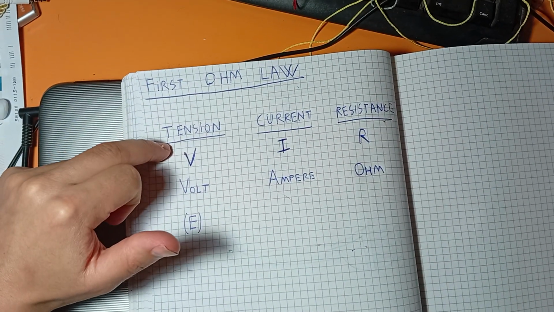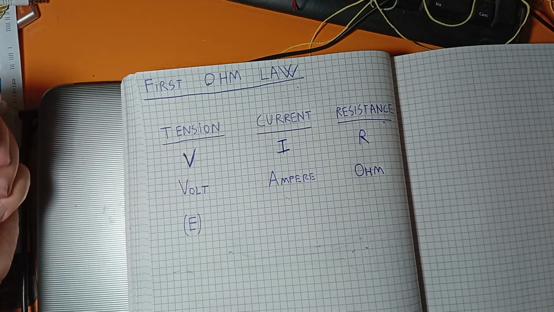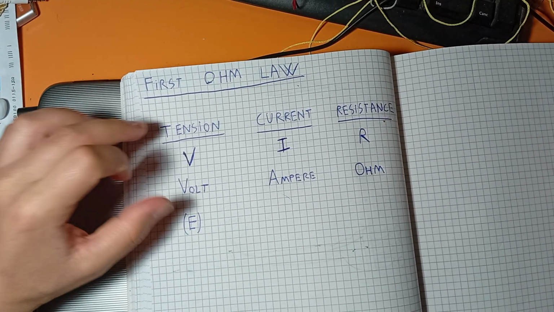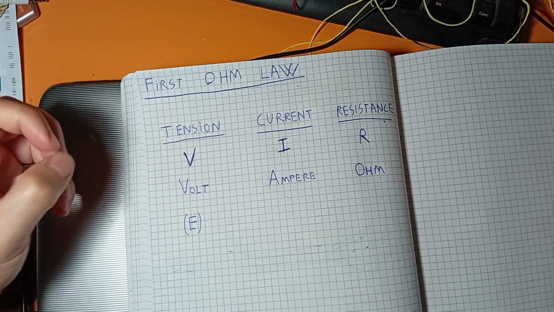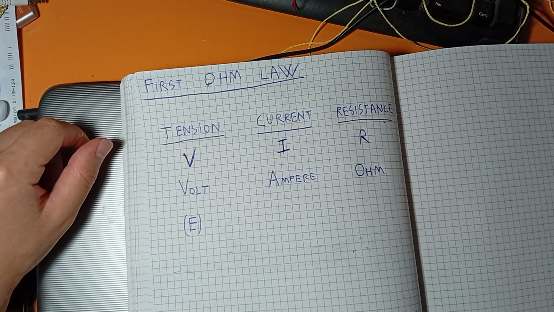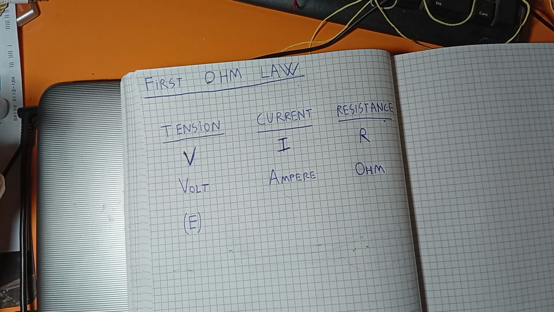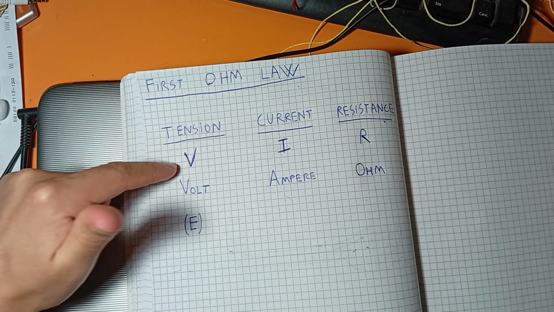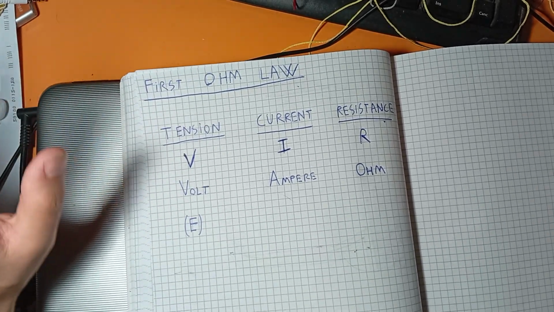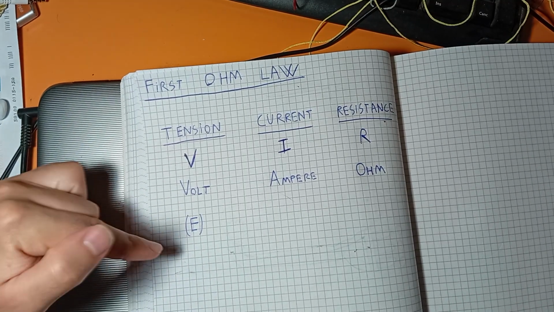The tension, as we said in the last videos, is the capacity to generate this flow of electrons. The tension is related to the difference of potential of a battery or a generator. The tension is measured in volt and is written with a capital V. Sometimes a voltage generator is written with an E, but just sometimes.